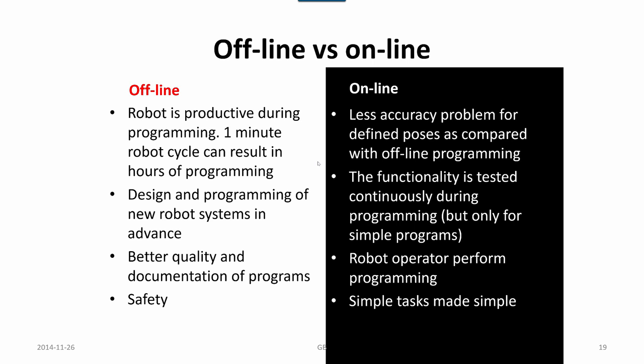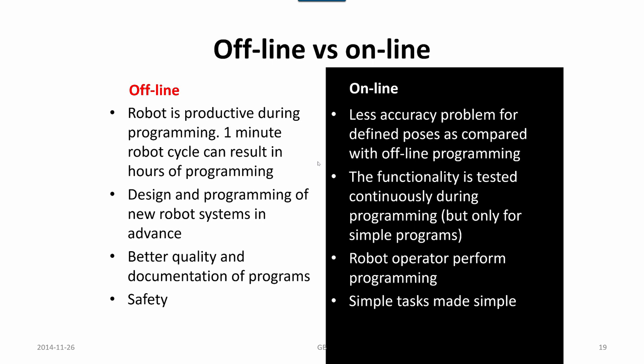We can work at the office at our own pace. We can design and program new robot systems in advance, meaning that we don't need to have the robot while we are modeling, trying out new ways to perform the application and try out the best options, so to say.